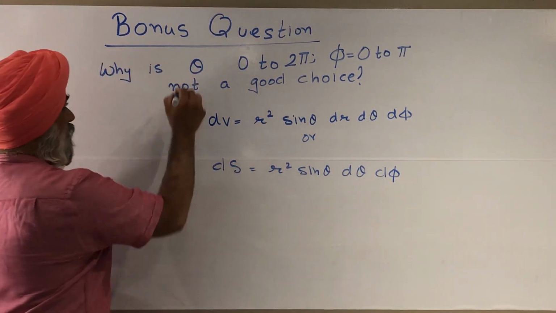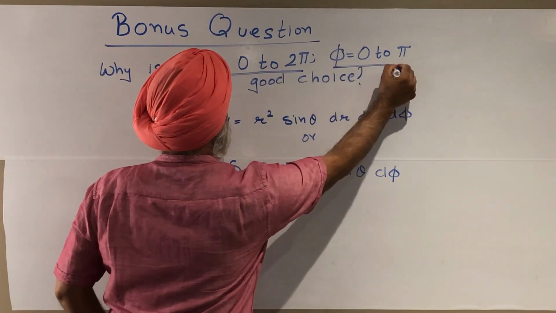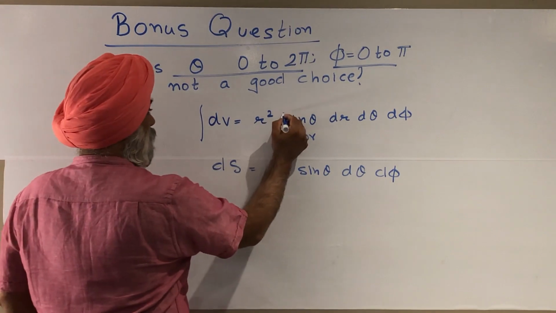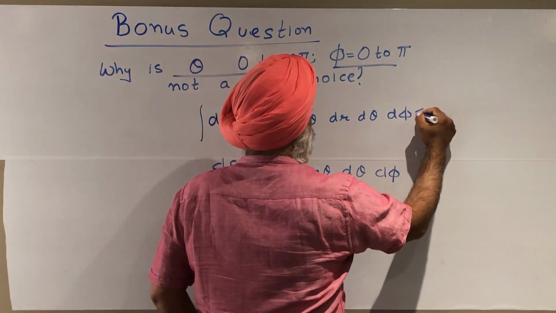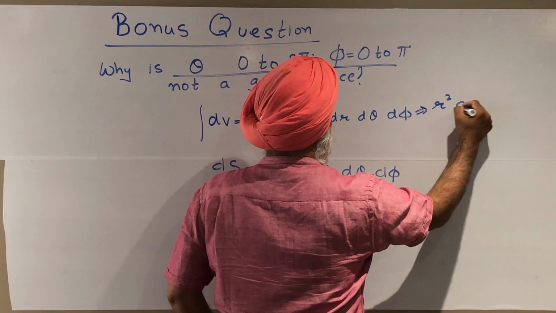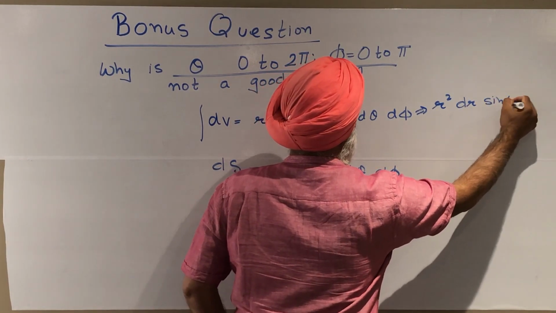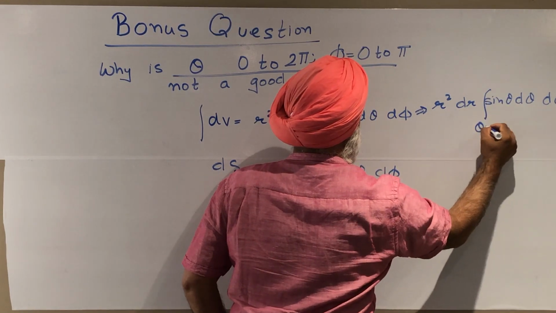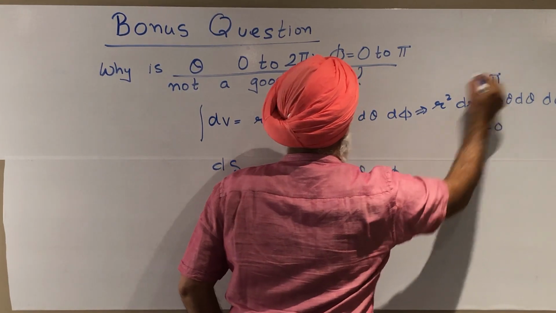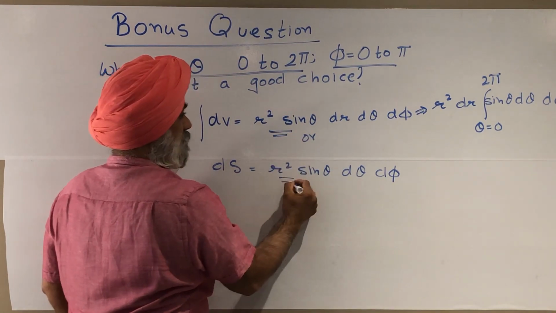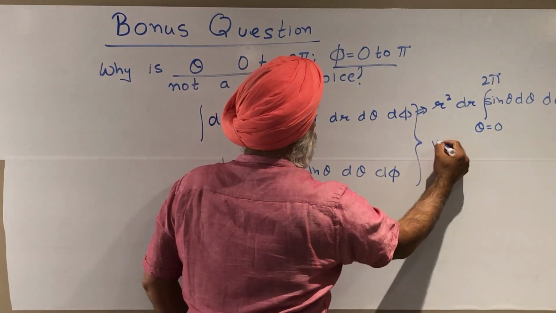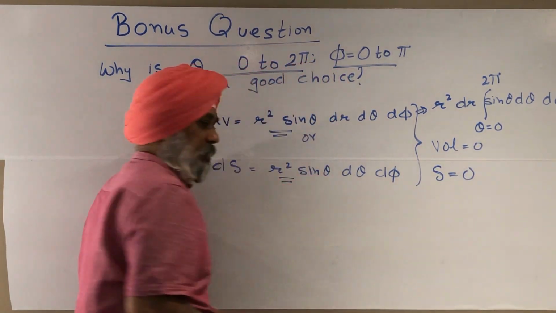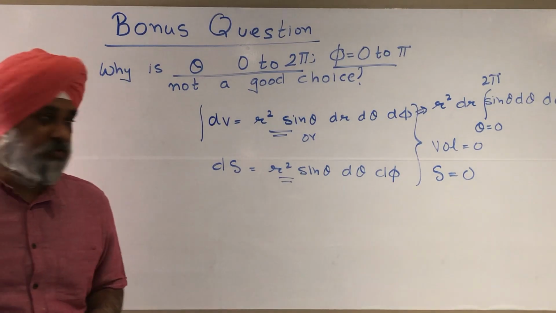You have said that if I choose these as the arguments, then when I integrate r squared dr sine theta d theta d phi with theta equal to 0 to 2 pi, either in this element or in this element, I get volume equal to 0 and surface area equal to 0. That's what you have said as your solution.